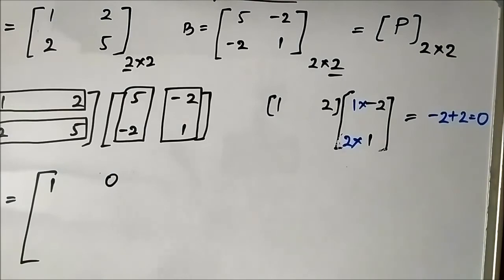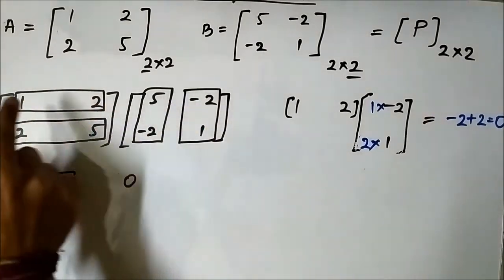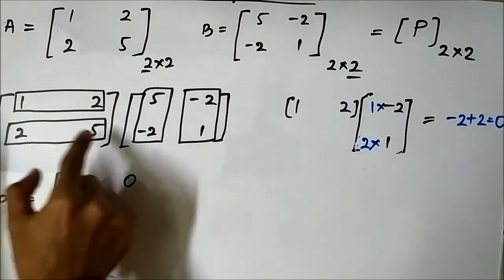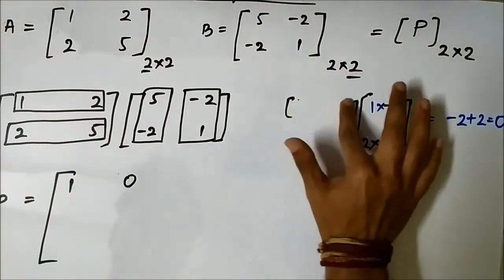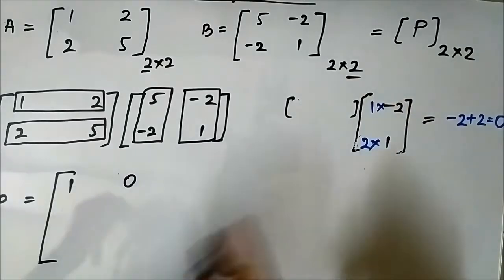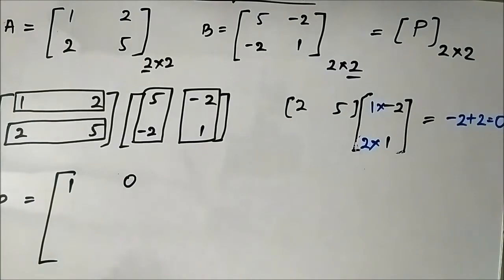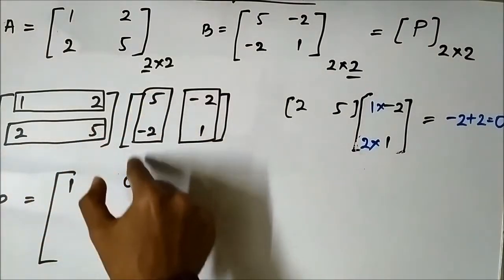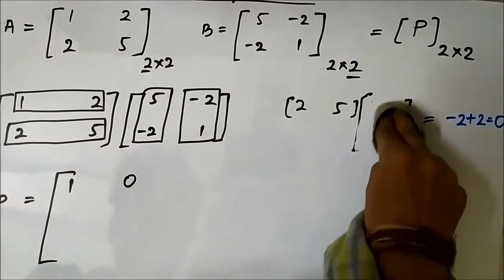Next, the operation with the first row matrix 1, 2 is over. Next is 2, 5, the second row. It is first multiplied with the first column of the second matrix, 5 and minus 2, in the same way as we did with 1 and 2.